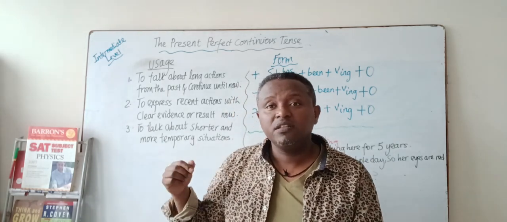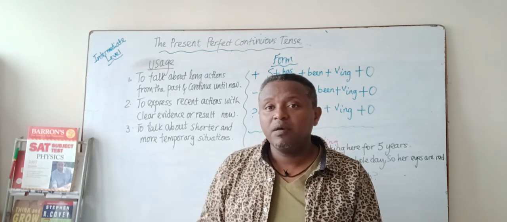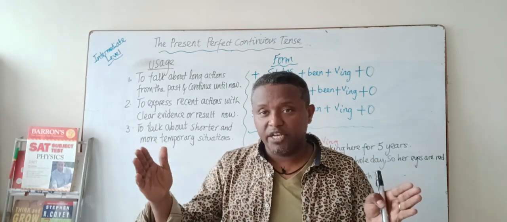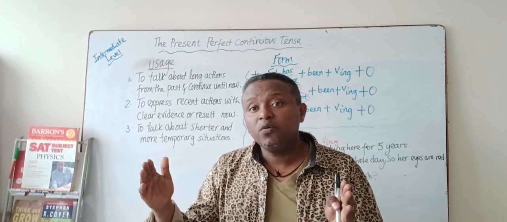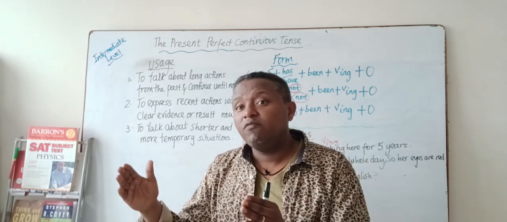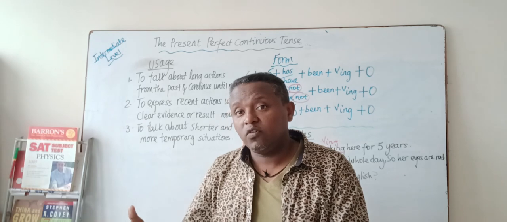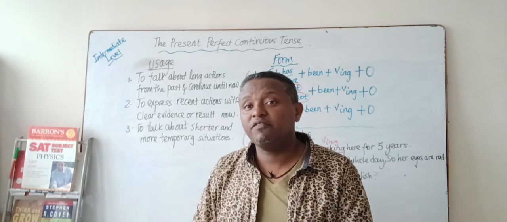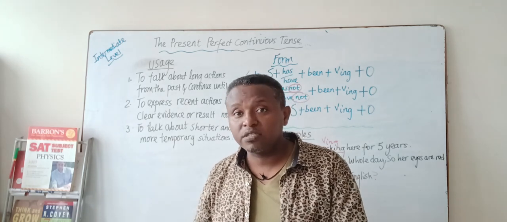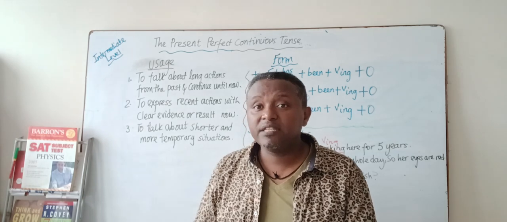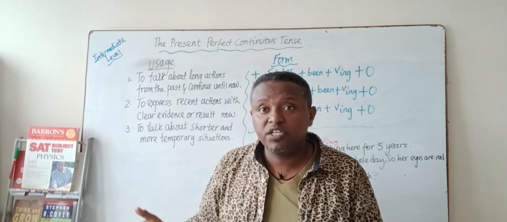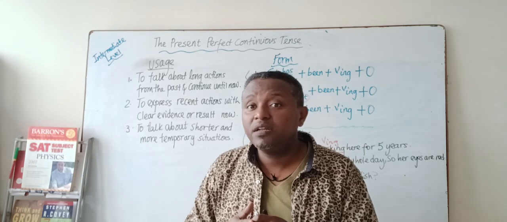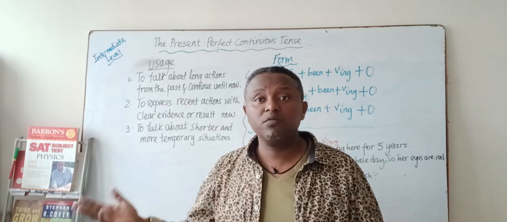And the present perfect continuous mainly focuses on duration. Okay, for example, I have been waiting for you for 5 hours. Then what is the result? I have left because you didn't show up. I have gone home. I've gone somewhere.